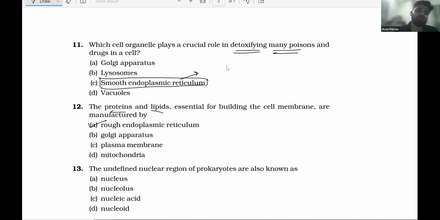Lipid is actually formed by the smooth endoplasmic reticulum. But since ribosomes are attached over it, the smooth endoplasmic reticulum becomes rough endoplasmic reticulum, so it can still produce lipids and protein with the help of ribosomes. So we can take A as the correct answer.